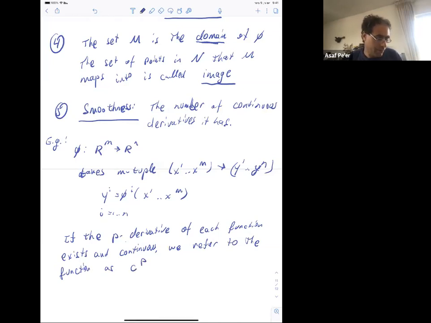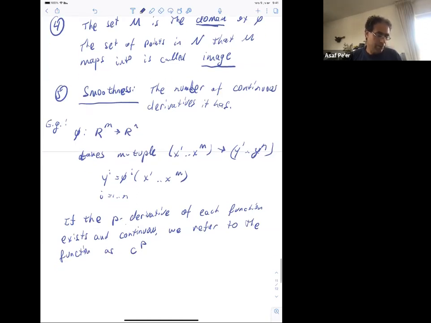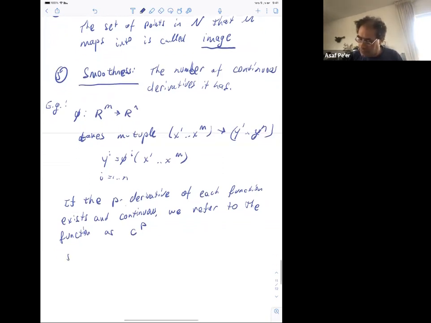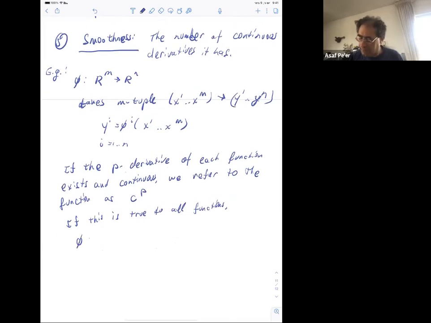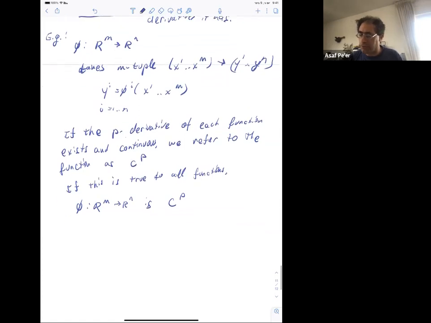And if this is true for all functions, then the map phi from Rm to Rn is C^p. That's how we call it. And if we have maps that are C infinity, then we call them smooth.